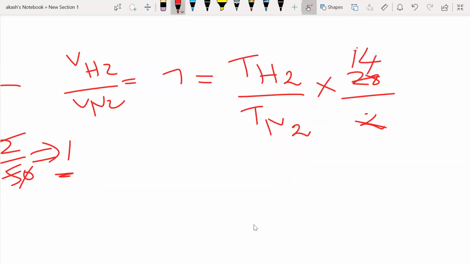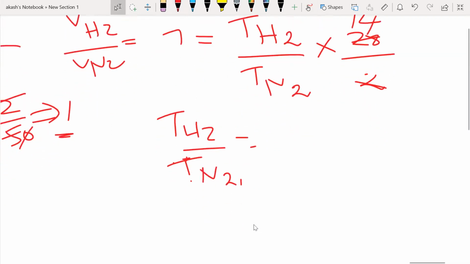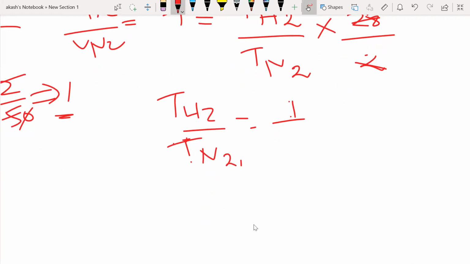So it should basically be T_H2 divided by T_N2, which is going to be 7 by 14. 7 by 14 is going to be 1 by 2.